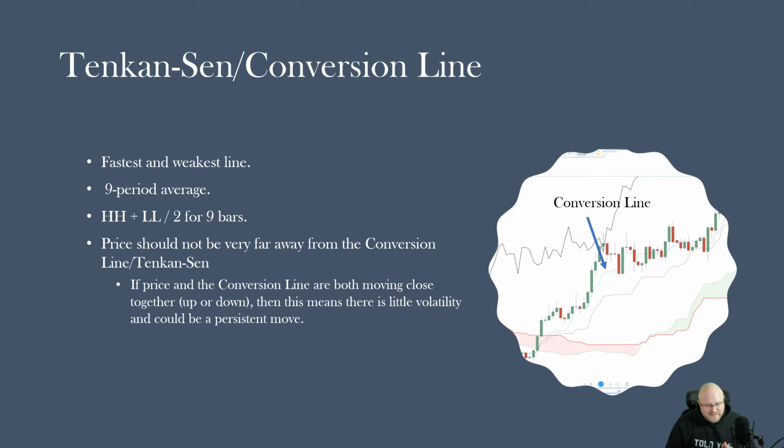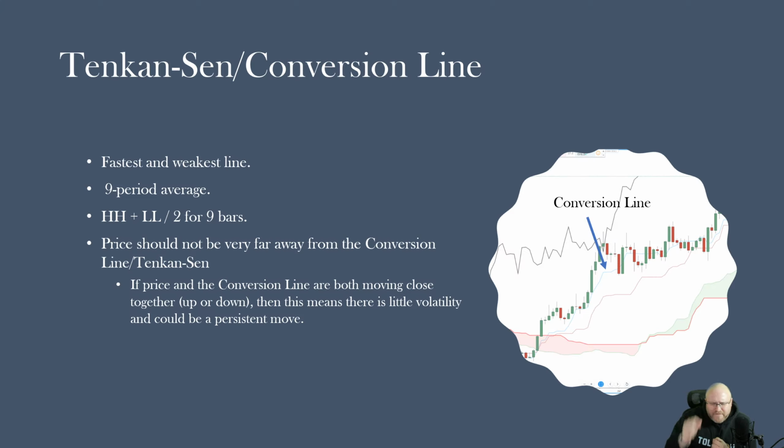It takes the midpoint of the highest high and the lowest low of the last 9 periods, and that's what gets plotted. That's why when you look at an Ichimoku chart, you'll see periods where it's not wavy like a standard moving average. You'll see it jag up, and then it'll have periods where it's flat.